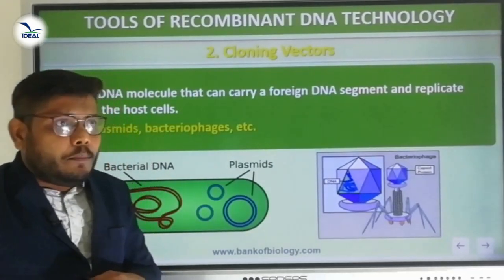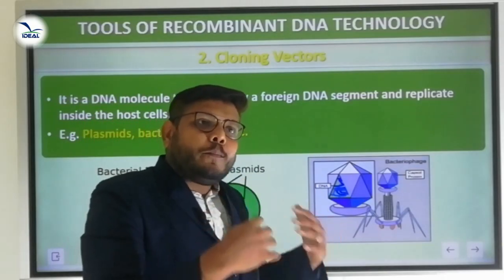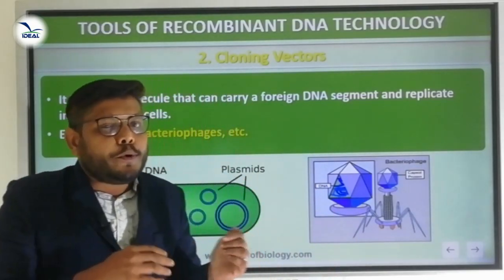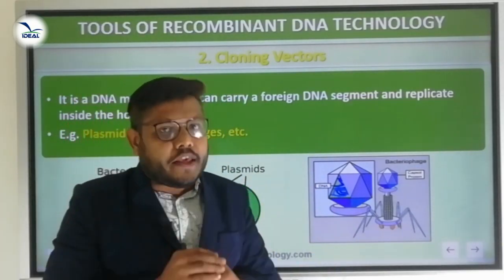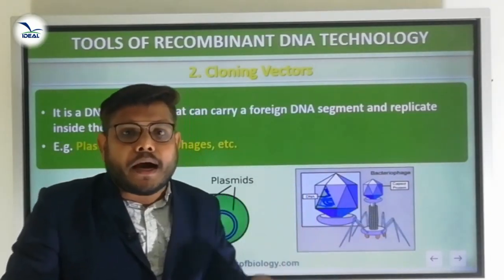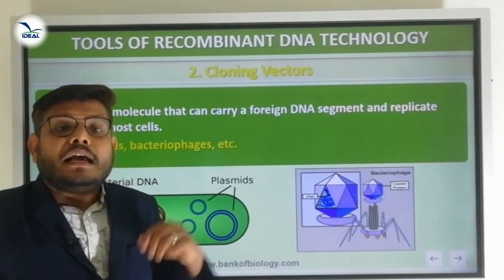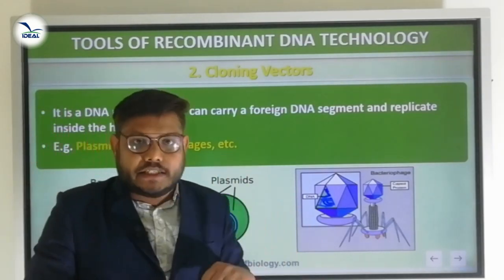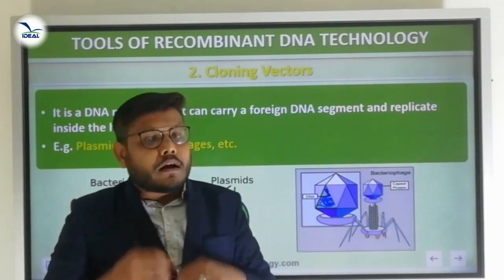Is it clear? The naturally occurring plasmid vectors do not possess all the features of a cloning vector. Therefore, they may be reconstructed by inserting antibiotic resistant genes to make an artificial cloning vector.